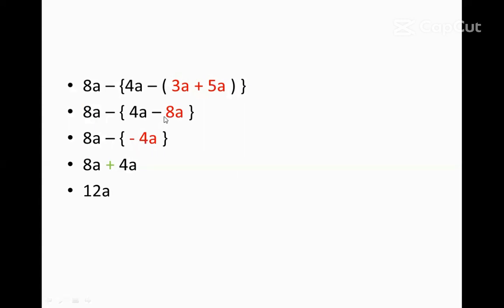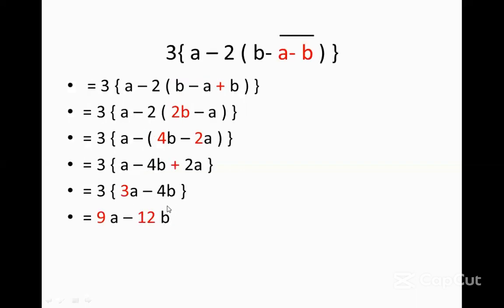The bigger number is 8, and with the bigger number we have minus sign, so we will put minus here. Now minus and minus is equal to plus. Now this bracket is opened. Now it becomes 8a plus 4a, we are going to add the coefficients. Now 8 plus 4 is equal to 12.